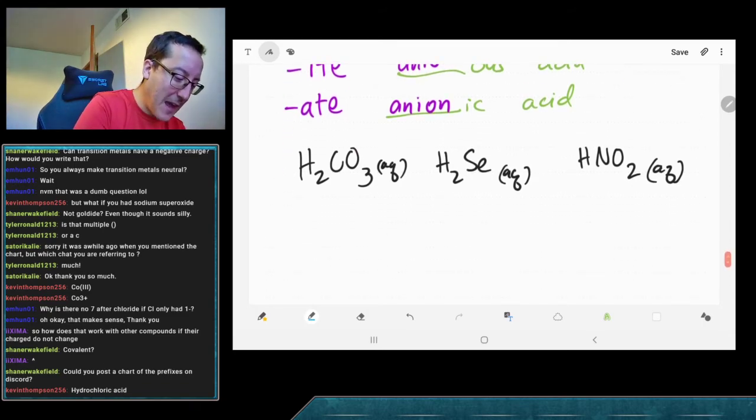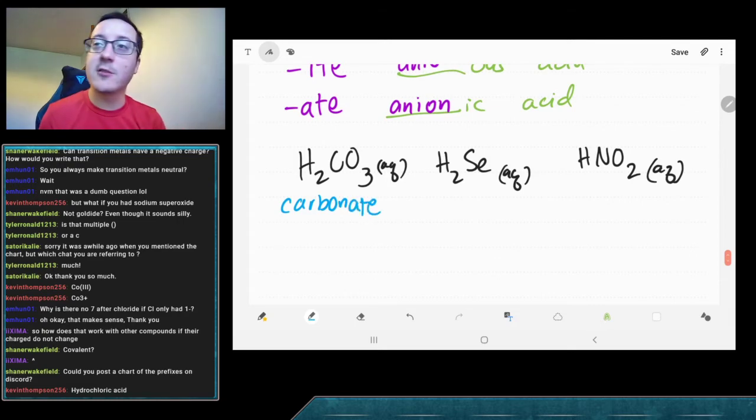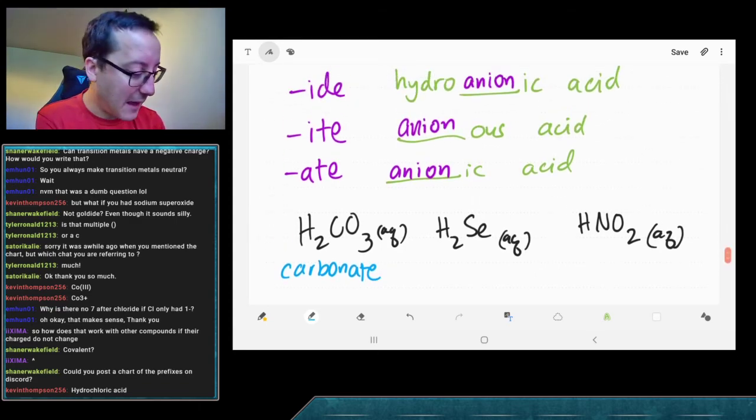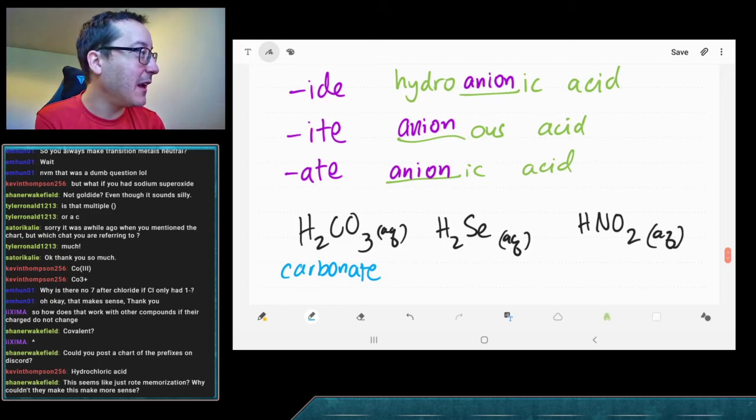So we look at the anion. This anion is called carbonate, CO3 2-. We're going to see, what does this anion end in? Does it end with "ide," "ite," or "ate"? Yes, unfortunately, this is somewhat rote.